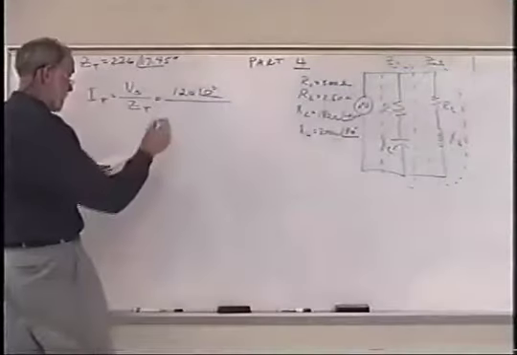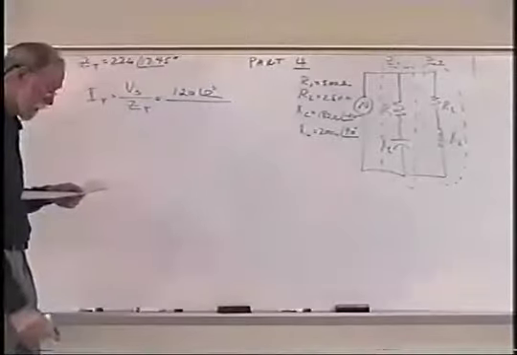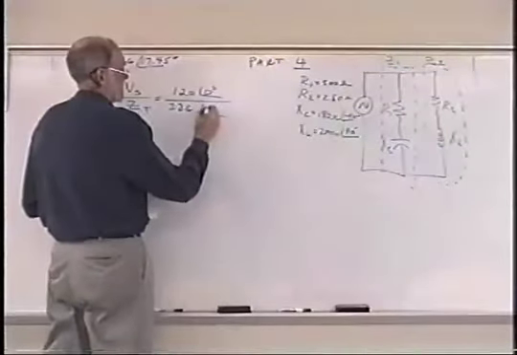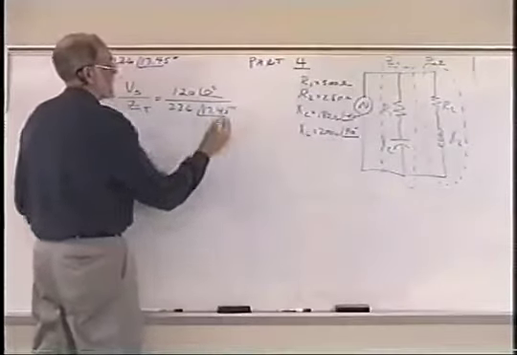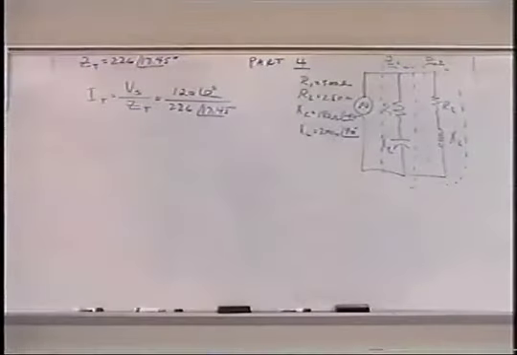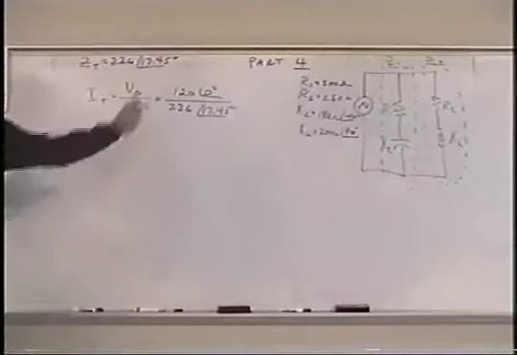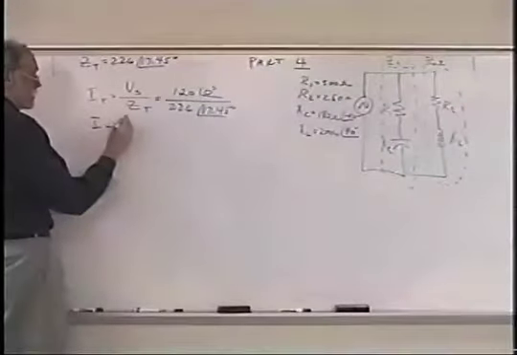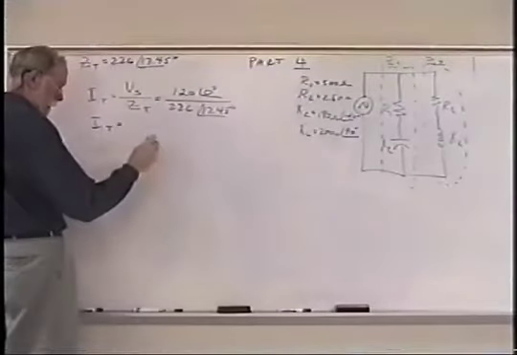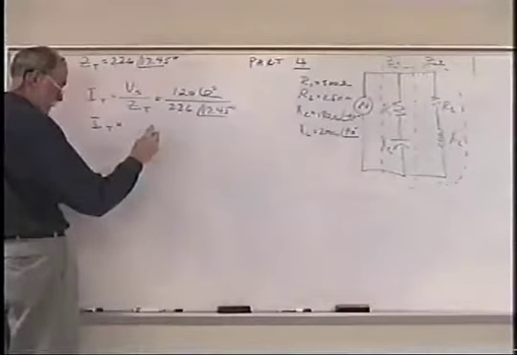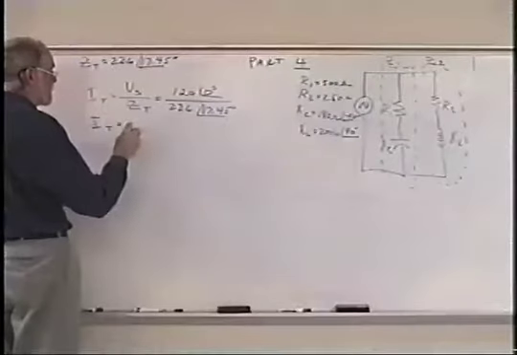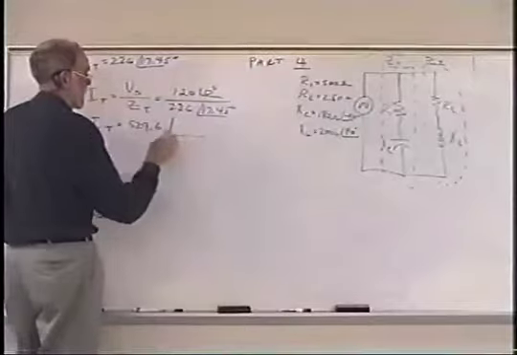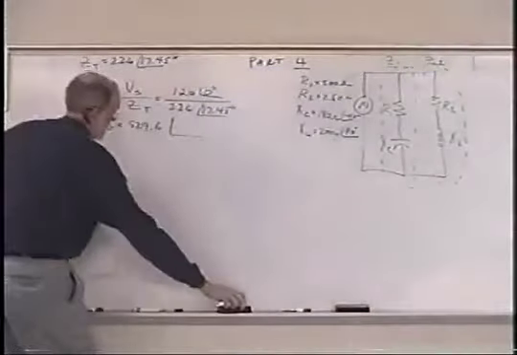Okay, so 120 at an angle of 0 degrees divided by 226 at an angle of 17.45 degrees. 120 divided by 226 is 529.6 times 10 to the minus third.